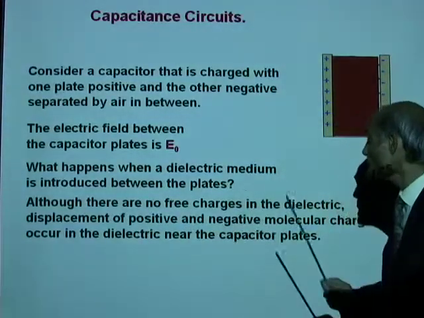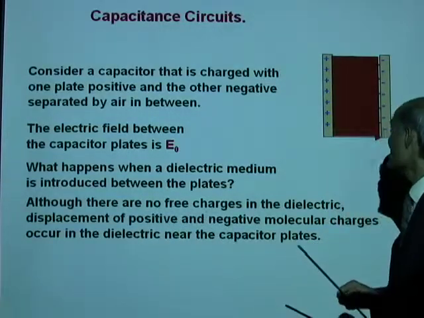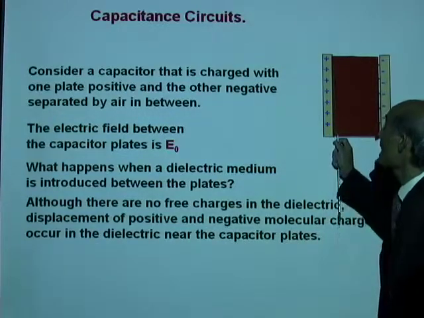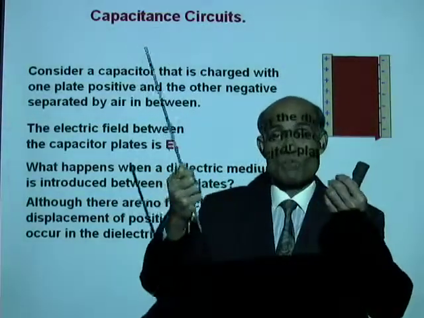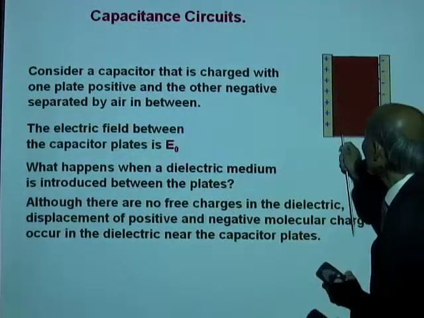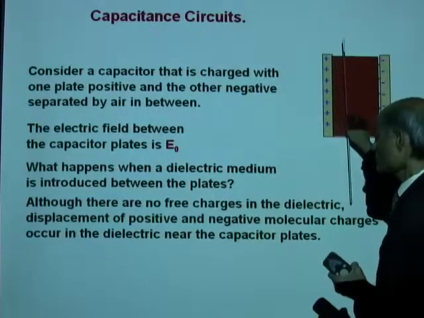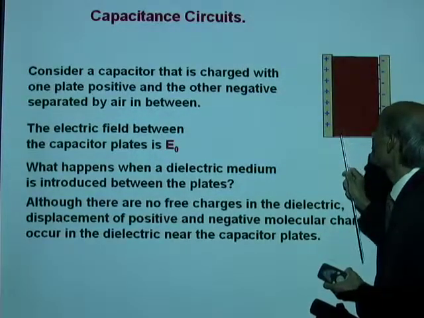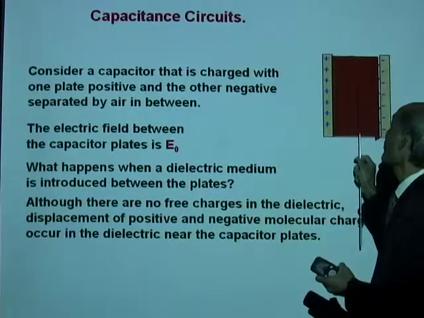Although there are no free charges in the dielectric, displacement of positive and negative molecular charges occurs in the dielectric near the plates, so that polarization can happen. The atoms and molecules near the positive charge will orient in such a way that the negative charges will be facing the positive plate and the other end will be facing the other way.